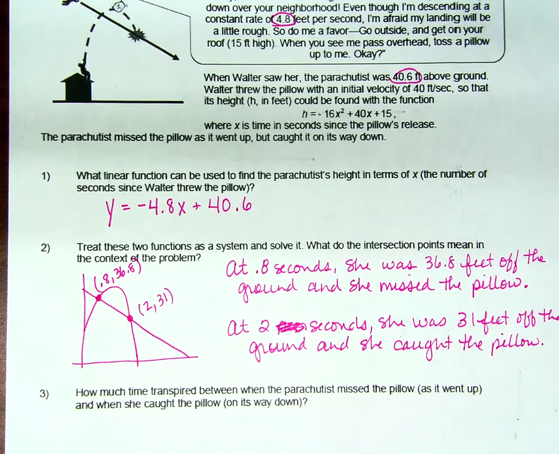Is that what you got? At 2 seconds, she was 31 feet off the ground and she caught the pillow? Okay. How much time transpired between when the parachutist missed the pillow and when she caught the pillow? And how did you figure that out?